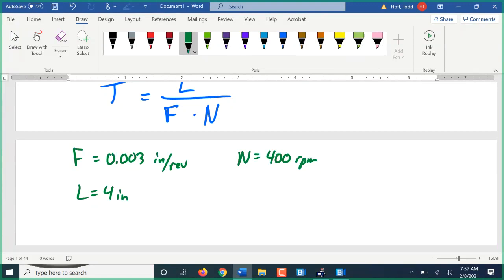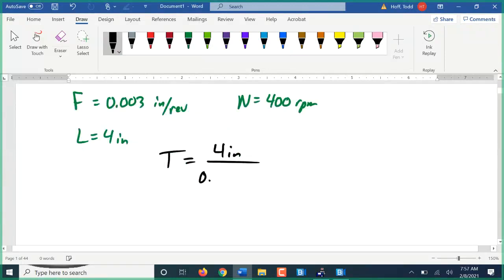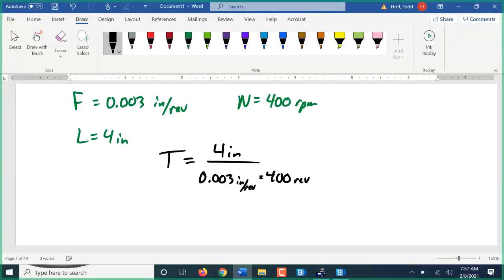You're going to mill a 4-inch groove in a piece of material. Our time required to do that is 4 inches over 0.003 inches per revolution times 400 per minute.